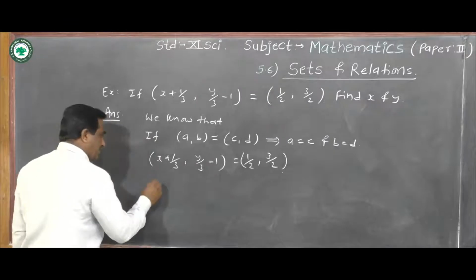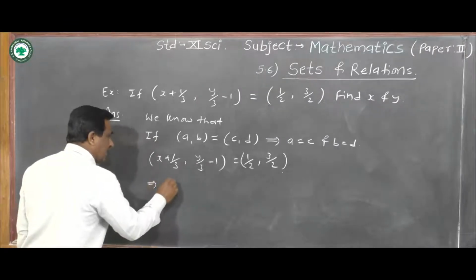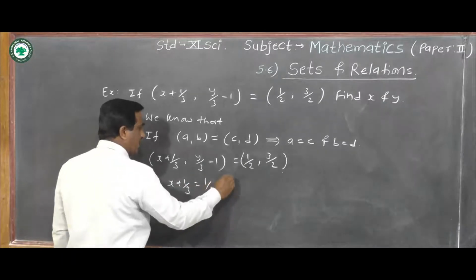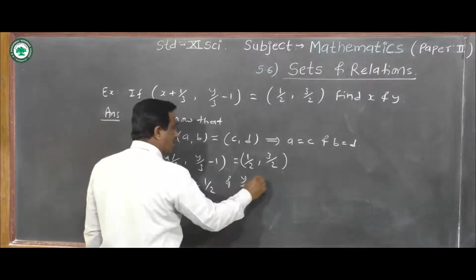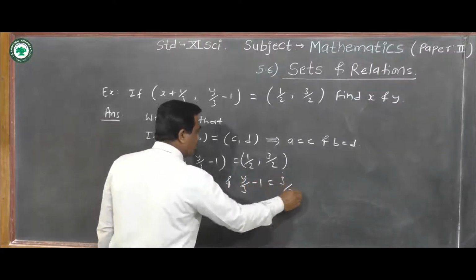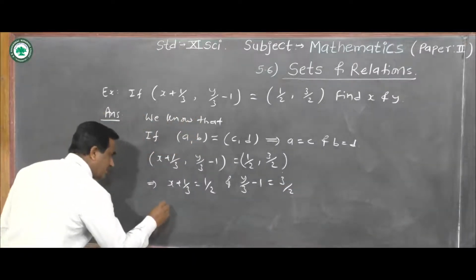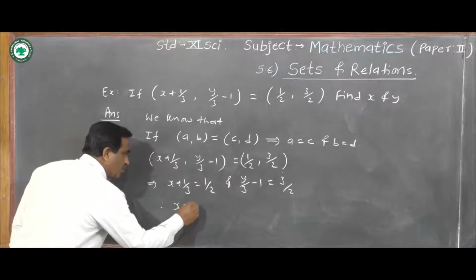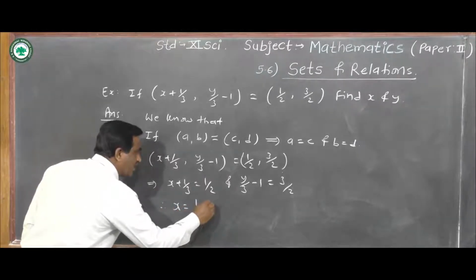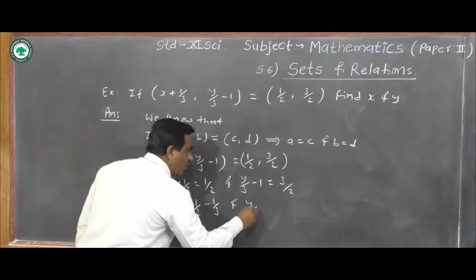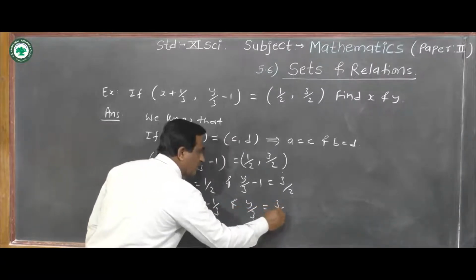This implies that x plus 1 by 3 is equal to 1 by 2 and y by 3 minus 1 is equal to 3 by 2. Simplifying this, we can write x is equal to 1 by 2 minus 1 by 3, and y by 3 is equal to 3 by 2 plus 1.